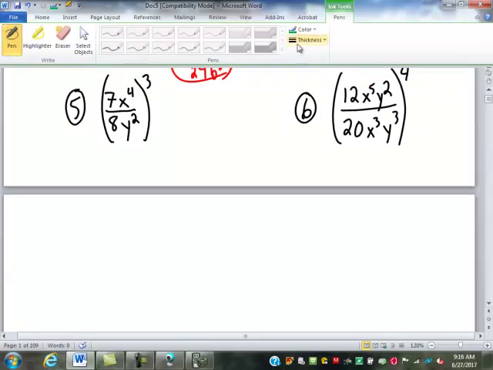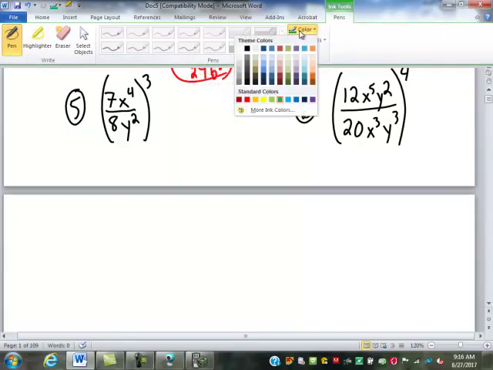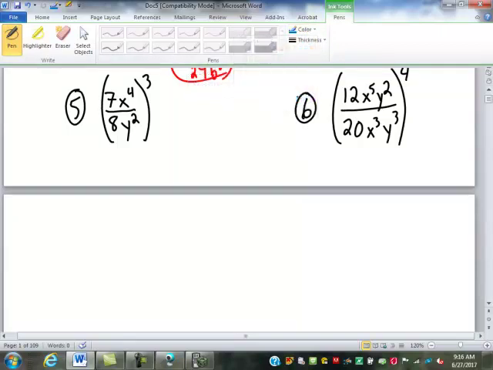Okay, now for these two, we didn't specifically do problems like this yesterday, but we did the skills separately. First, in this one, is there anything I can reduce inside the parentheses? No, there's not.